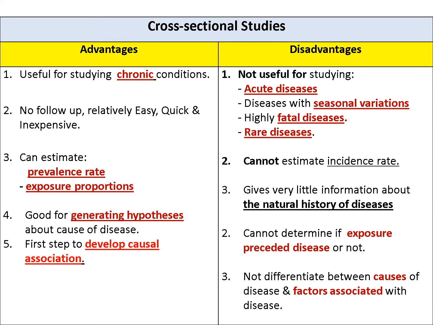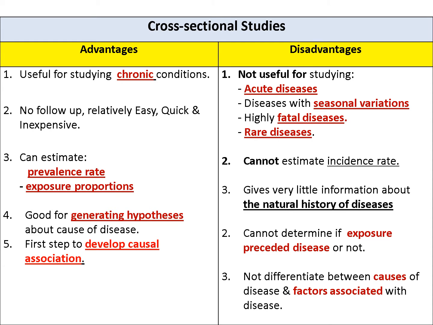We can't say, for example, that taking an excess amount of sugar in our food is the cause of diabetes mellitus if we did it from a cross-sectional study. Because we don't know what came first, the exposure or the disease, but it is a first step. We can just generate hypotheses about this condition.